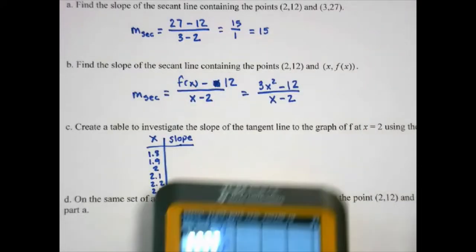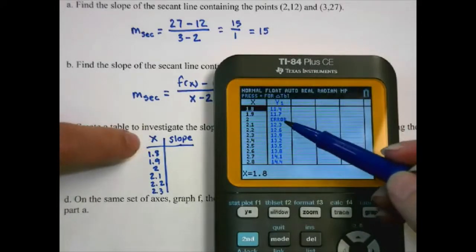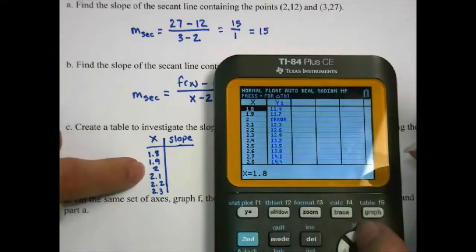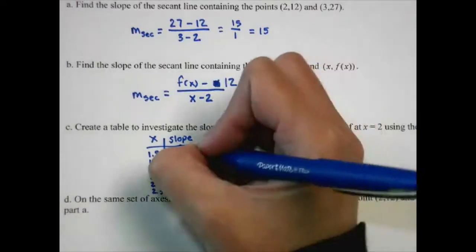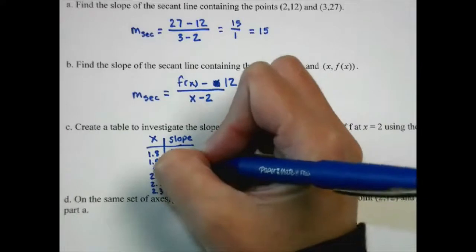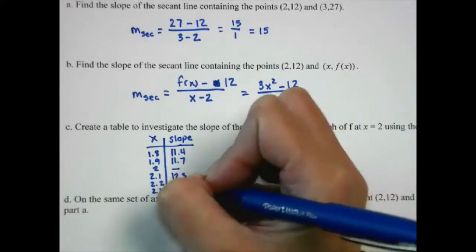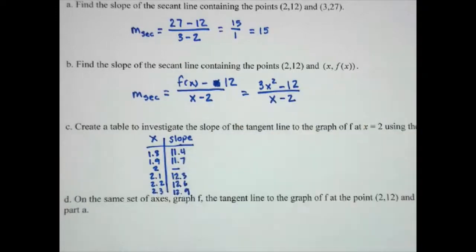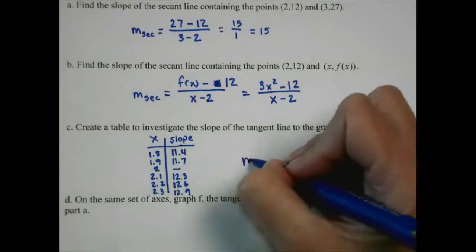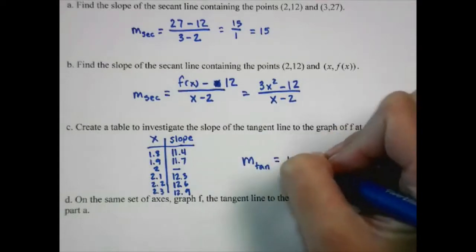So we have a slope of 11.4, 11.7, no slope at 2, and so on. So I'm going to copy these values: 11.4, 11.7, undefined, 12.3, 12.6, 12.9. So there does appear to be a value that it's approaching, and that value for the tangent line appears to be 12.